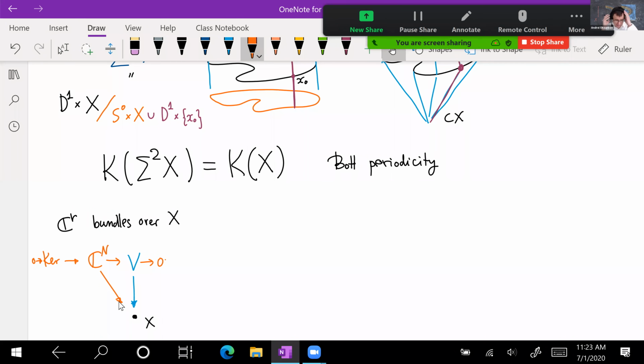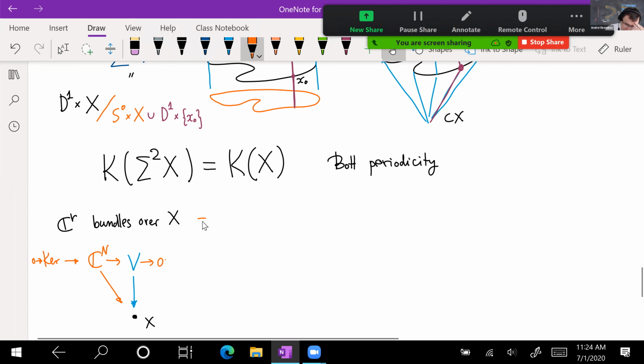And so that is to say that if I write V as a quotient of a trivial bundle, it means I have a map from X to the Grassmannian of codimension r subspaces in n-dimensional space. Or if I pick a metric, I can do dimension r subspaces instead of codimension r subspaces.